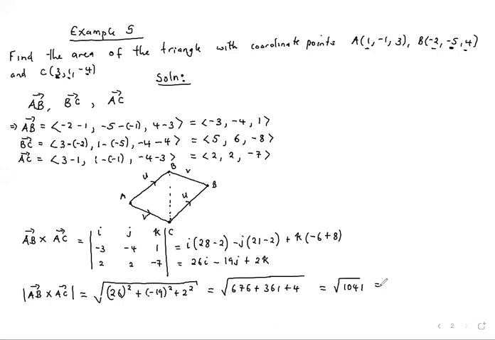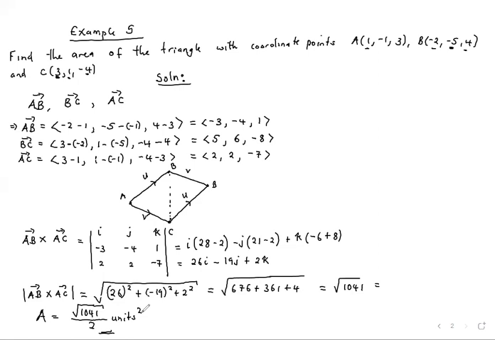you say, therefore the area of the triangle is going to be root 1041 divided by 2 units squared. Why do we divide by 2? Because a parallelogram, when you break it into 2 equal pieces, you get equal triangles.